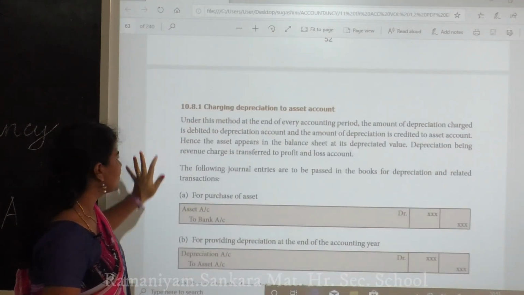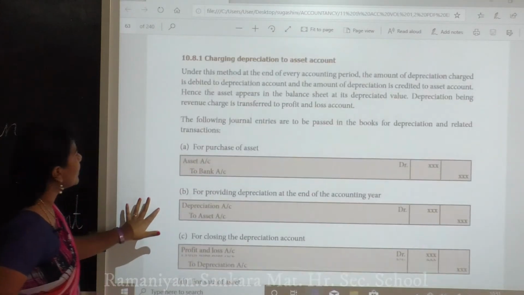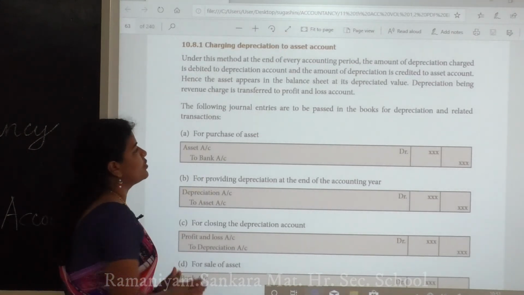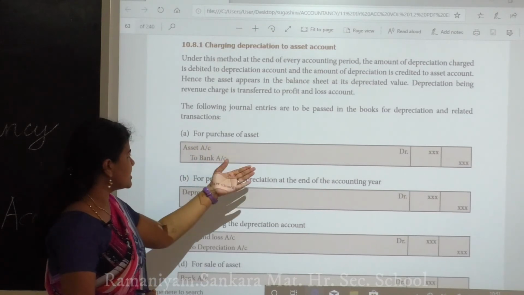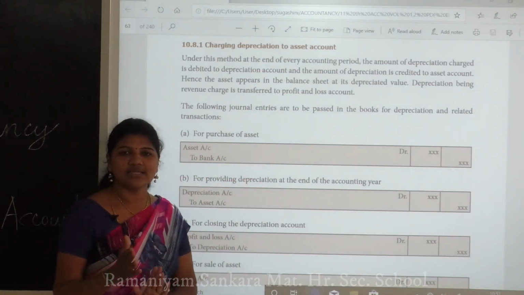So next we are going to see this. Look here, changing depreciation to assets account. What all are the changes here? The first one is for purchase of assets: asset account debit to bank account credit. What are the assets?